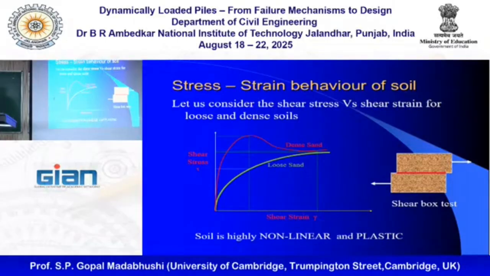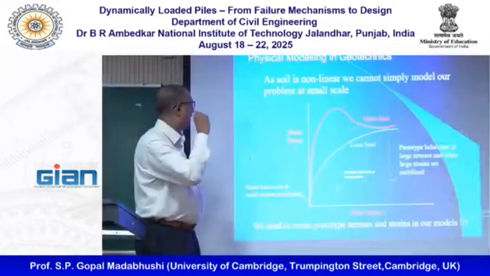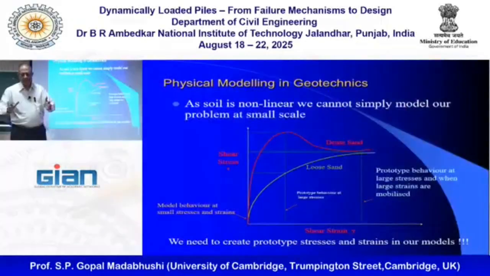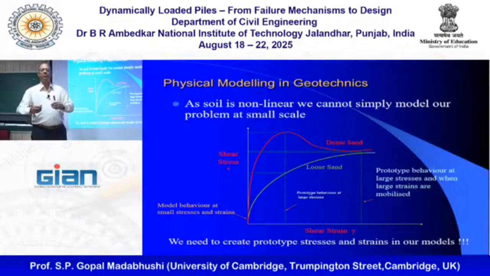Now suppose I want to model this soil. Typically in civil engineering, what do you do? You can scale down models, right? Build an nth scale model, maybe 1 in 100 or 1 in 50 scale, and test the model. For example, say you want to model the flow of a river in hydraulics.